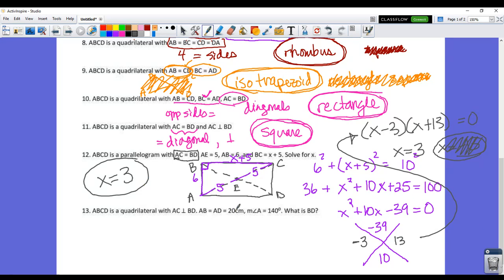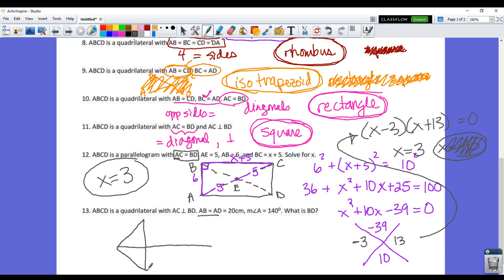Okay, and then try for yourself number 13. In fact, this is going to be your answer for your question today. A quadrilateral with AC perpendicular to BD. So this is going to be a kite. Let's draw your kite. It's a quadrilateral.